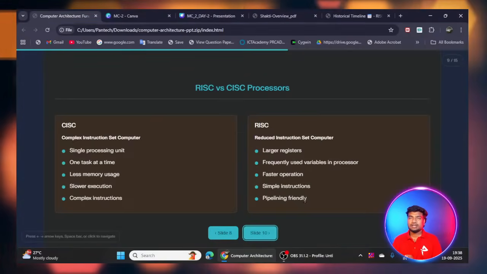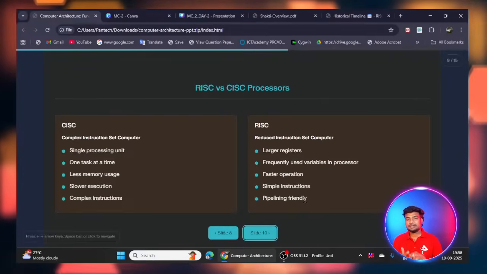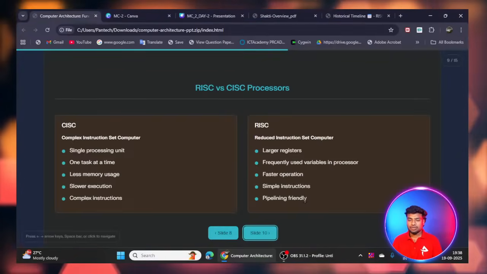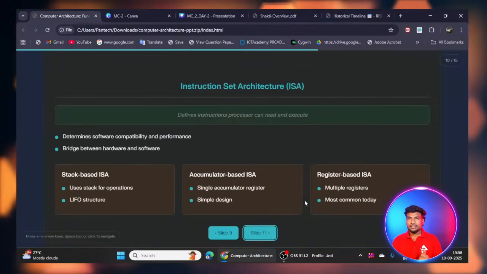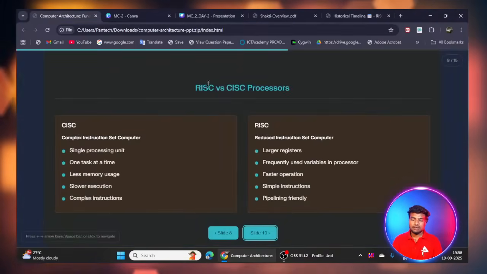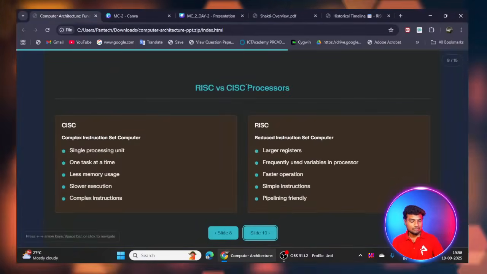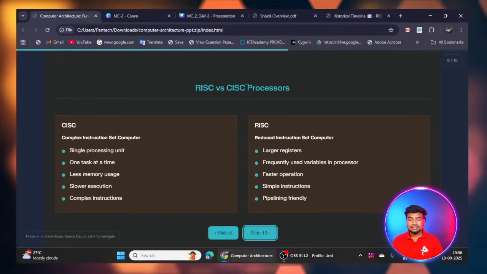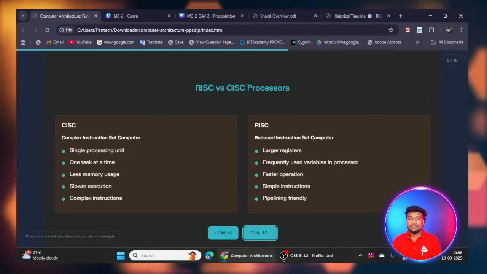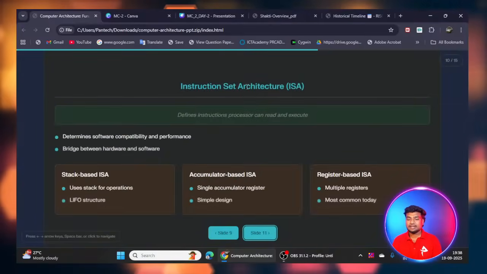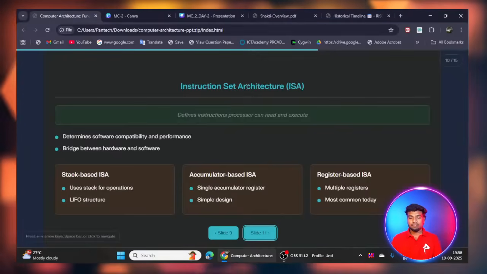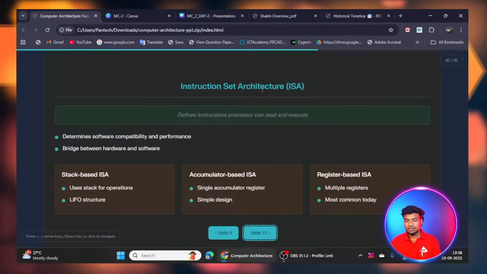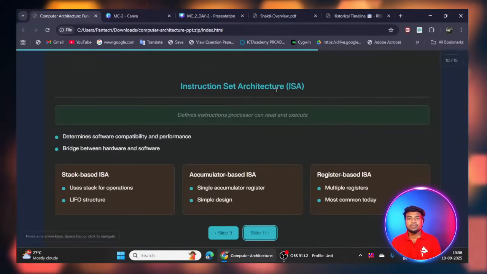Each and every computer architecture has a register list. I will show you one by one in the upcoming slides. RISC and CISC processors have an ISA, which means instruction set architecture. Based on this ISA, the CPU works.